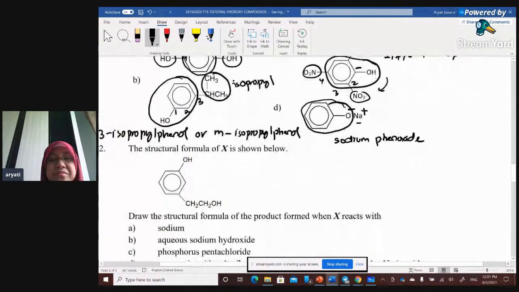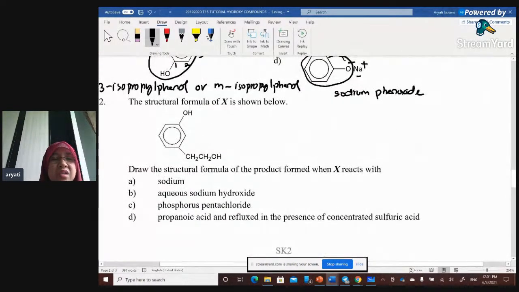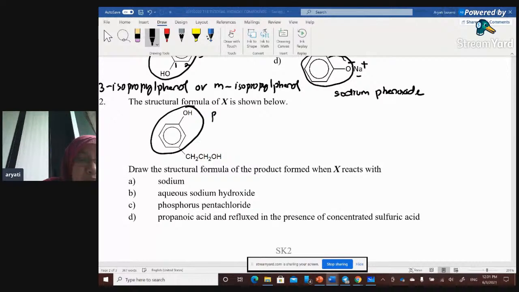Okay, number 2. The structure formula of X compound is shown below. So this is phenol, which is an aromatic alcohol. So kenapa aromatic alcohol? Sebab OH attached to the benzene.